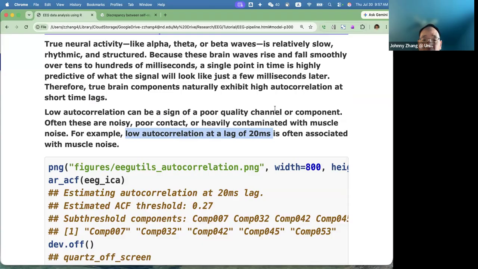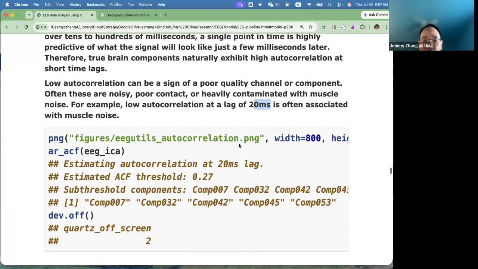For example, it has been found that if the autocorrelation at lag 20 milliseconds is very low, it's often associated with muscle activities. So we can look at the autocorrelations at different lags.